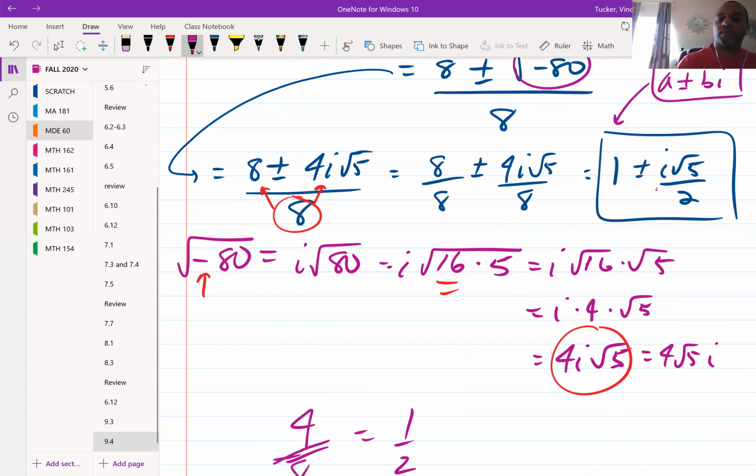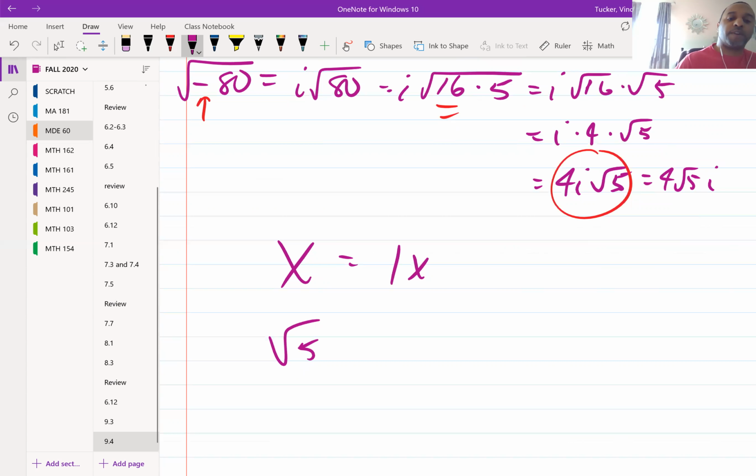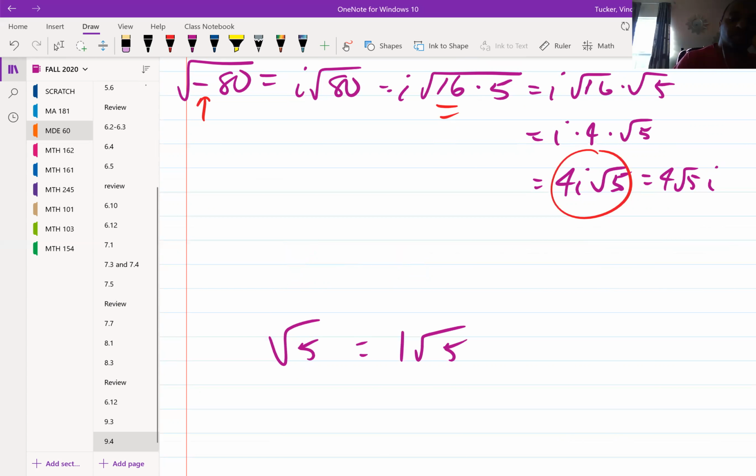So where did the 1 go? Remember, it's always understood. If you don't see it, just like in front of x, there's 1x. In front of the square root of 5, they assume there's a 1. Got you. Thank you. Not a problem.